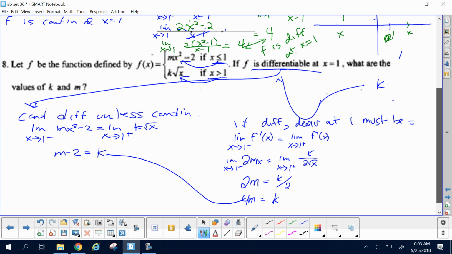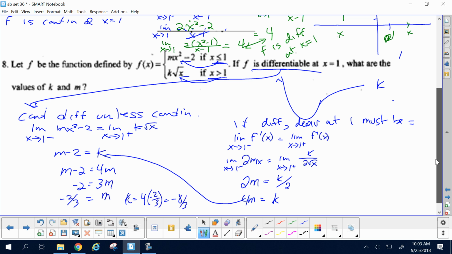If k is 4m, then m minus 2 is 4m. So negative 2 is 3m, and therefore m is negative 2/3. If m is negative 2/3, then k is 4 times negative 2/3, or negative 8/3. Sorry about that, I made a mistake.